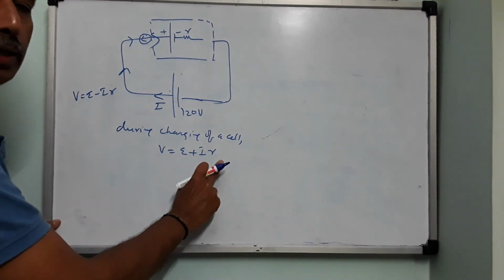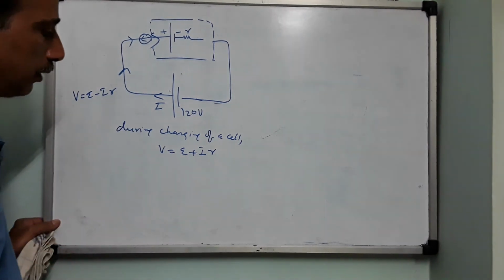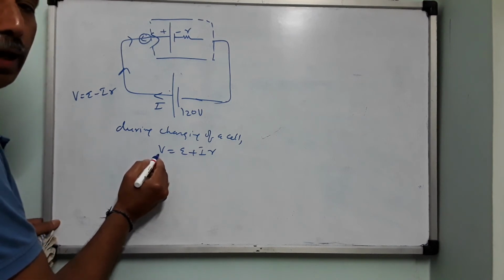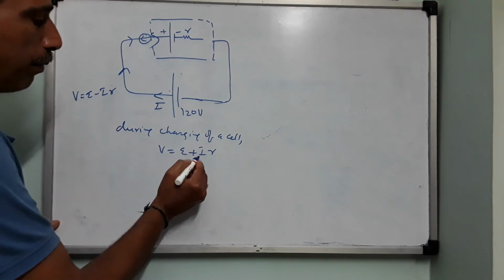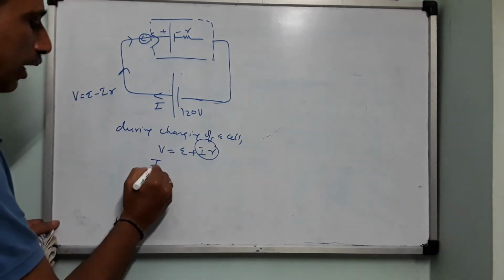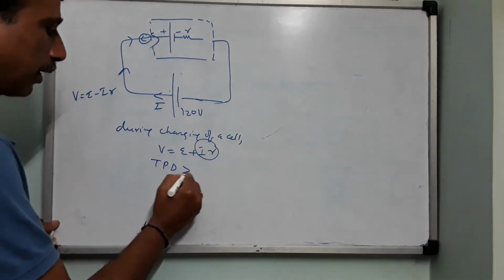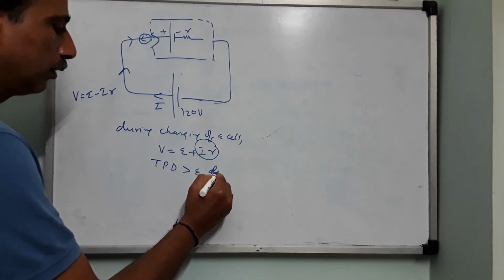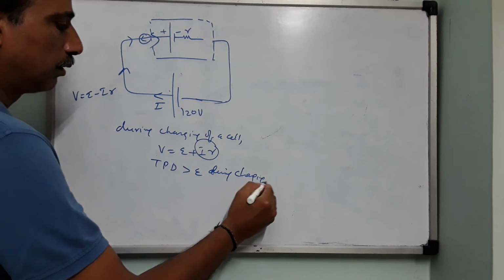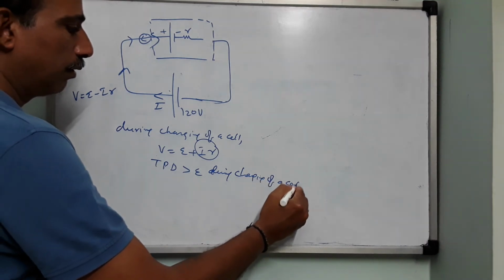This is called charging. So now you can see, if it is 1.5 volt, obviously this value will be more than 1.5 volt because there is some factor adding to this one. So TPD, terminal potential difference, can be greater than EMF during charging of a cell.